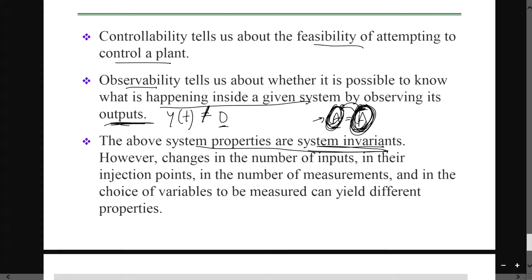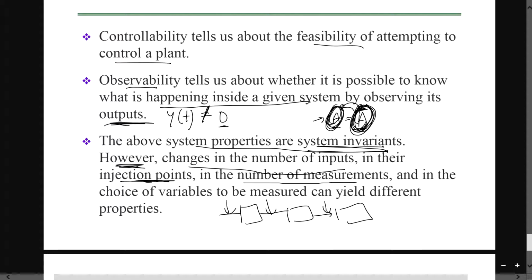However, do take note that the changes in the number of inputs, in your injection points, meaning that in every one of your block diagrams you're going to inject into a certain system and observe it, the number of inputs, and also the number of measurements, as in the choice of the variables to be measured, can yield different properties.